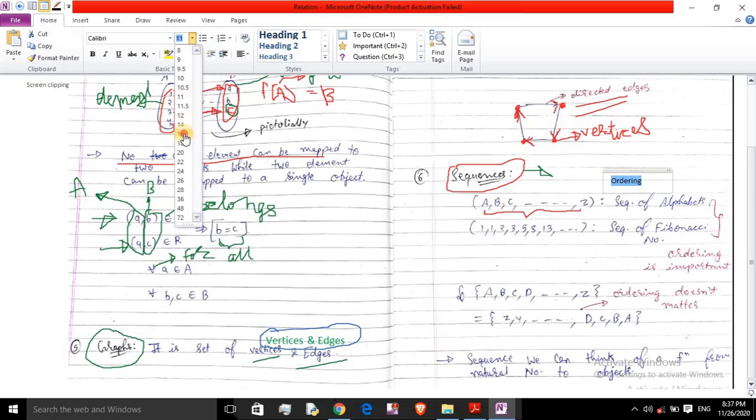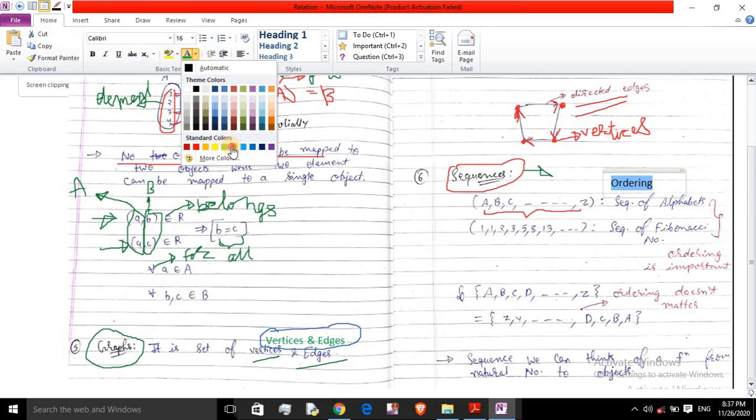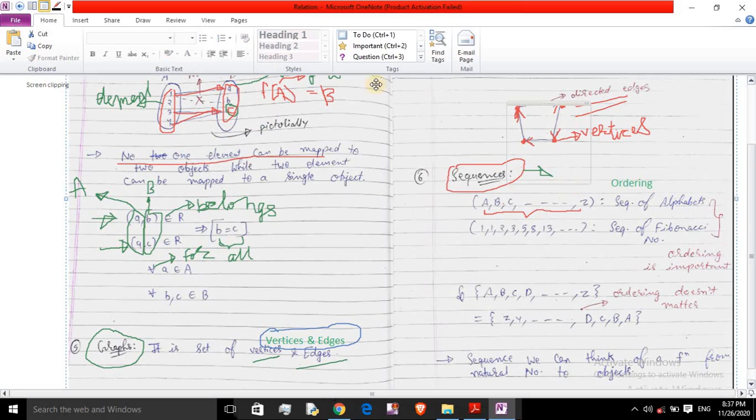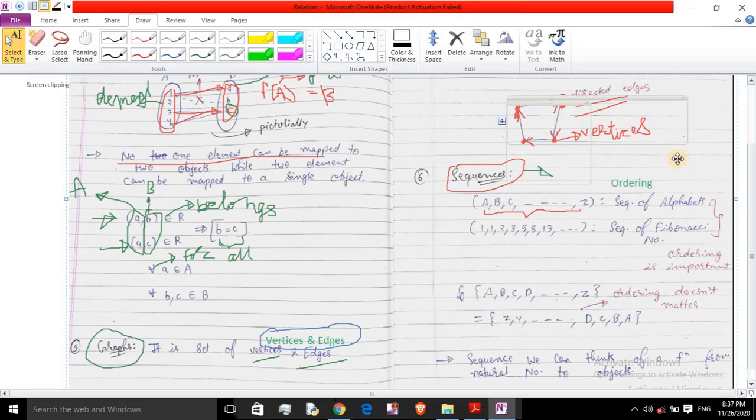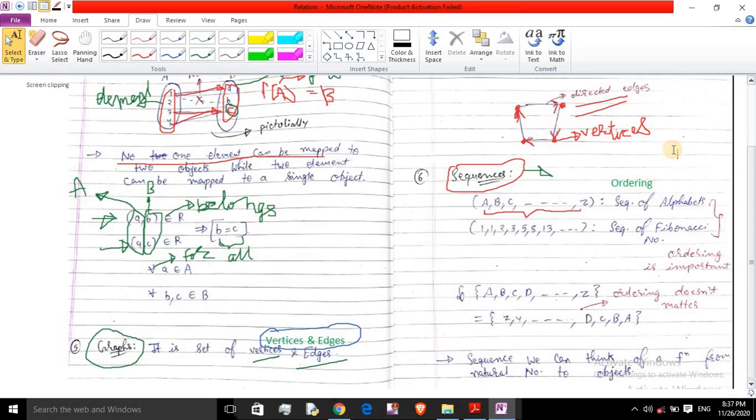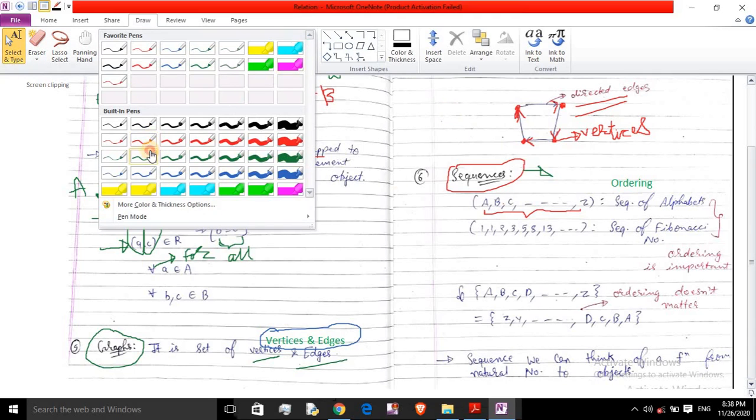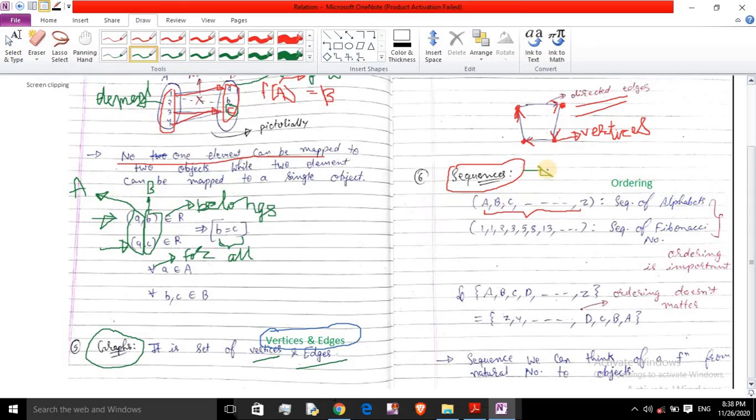In a set, ordering doesn't matter, but in sequences, ordering is very important.